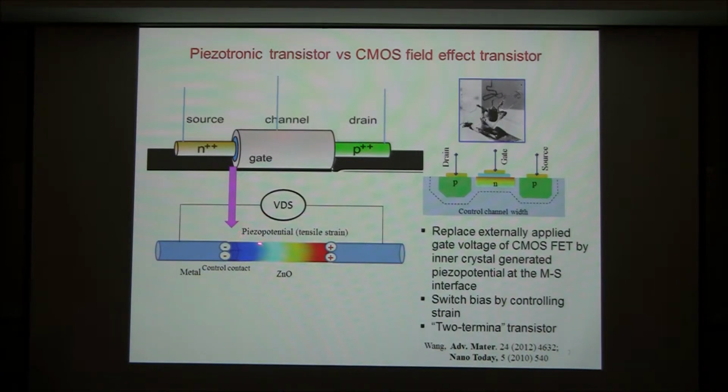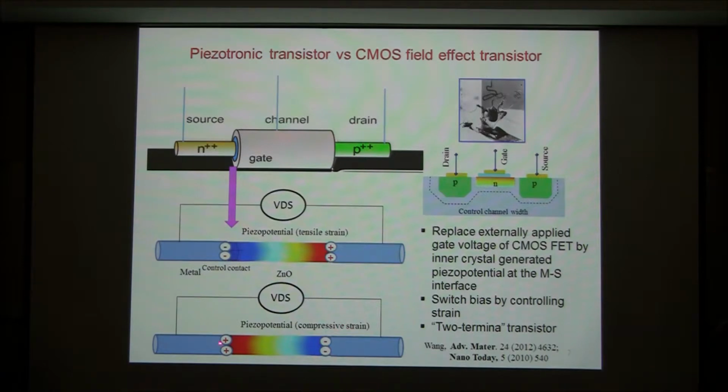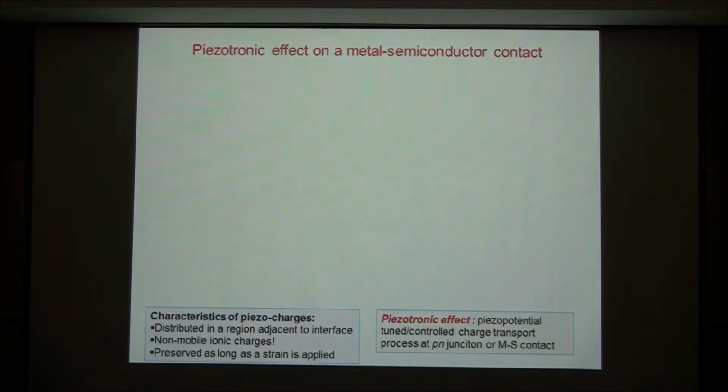You'll be able to control from tensile strain, and you can compress the strain, so the polarity of the piezoelectric charge reverses. It's positive here, it's positive here. Then you can control the left-hand side or right-hand side of the device, depending on what strain you apply, the strain-gated transistor.